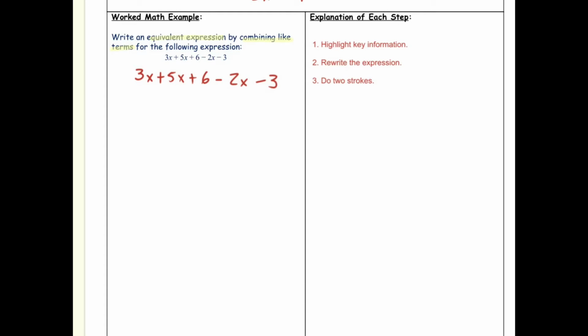So where it says minus 2x, I'm going to do two strokes, 1, 2, and then for negative 3, two strokes, 1, 2. Now you could read this as 3x plus 5x plus 6 plus negative 2x plus negative 3.